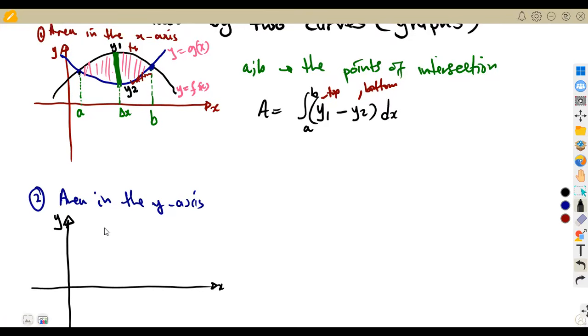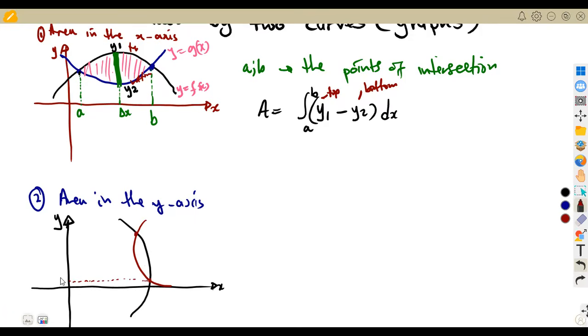All right. So let's say we've got the one that is on top, and we also have another graph that is below. So this is the one on top. Then we have got another graph that is below like this. All right. So if you consider that now we've got the limits that are being taken in the y-axis, meaning at the point of intersection of the two graphs, we shall consider our values on the y-axis.